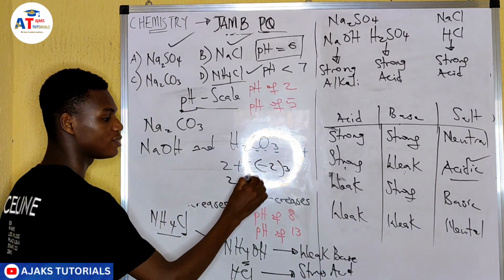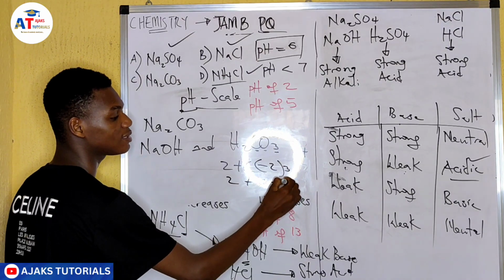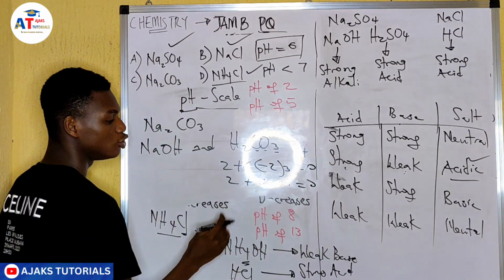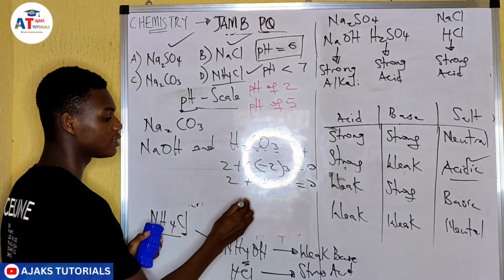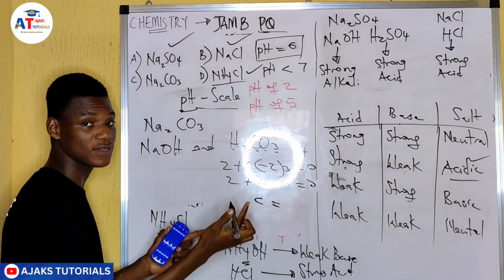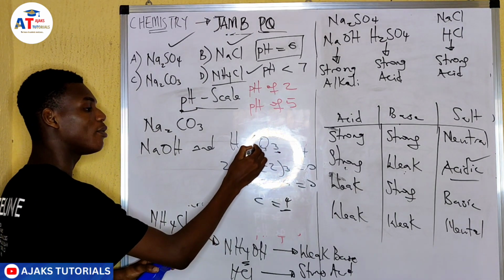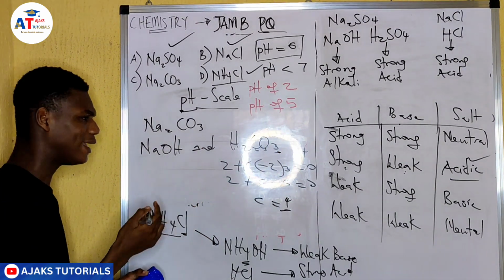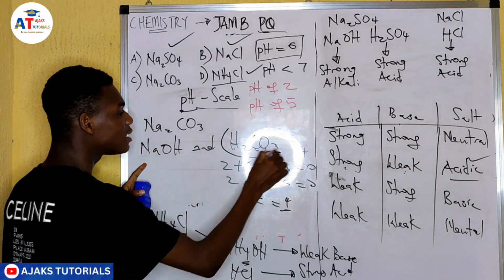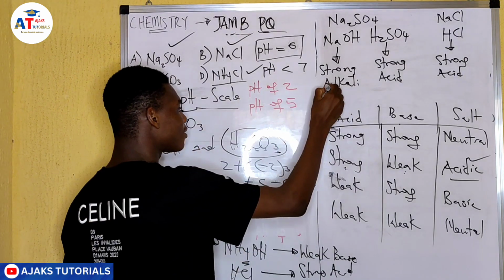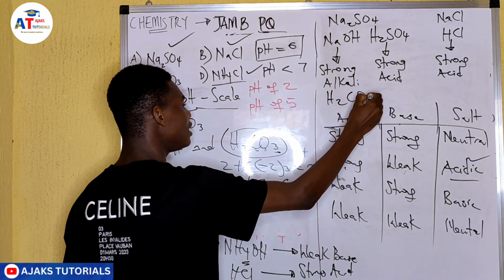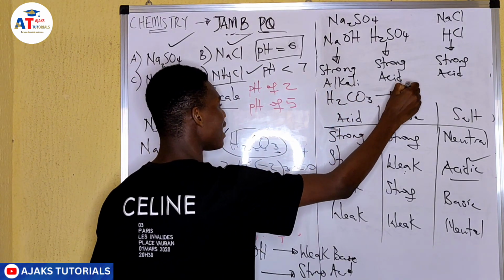So 2 plus C minus 6 equal to 0. Everything is equal to 0. So C is 6 minus 2, which is 4. So this is trioxocarbonate IV acid. Now, this is a weak acid. Take note, H2CO3 is a weak acid.